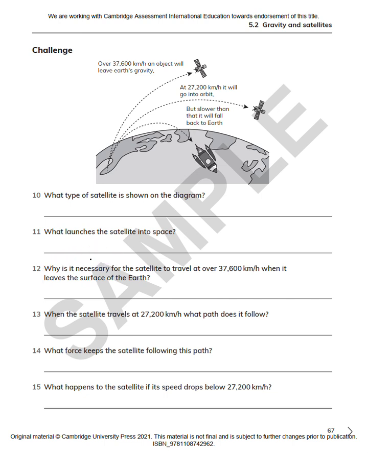Why is it necessary for the satellite to travel at over 37,600 kilometers per hour when it leaves the surface of the Earth? Because a satellite is an object that orbits around another object.